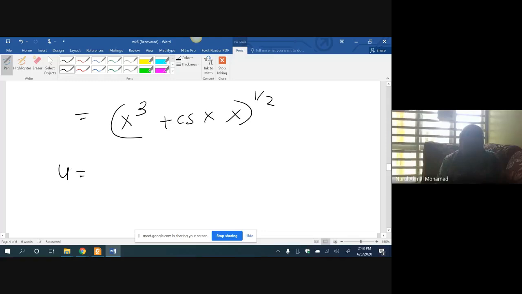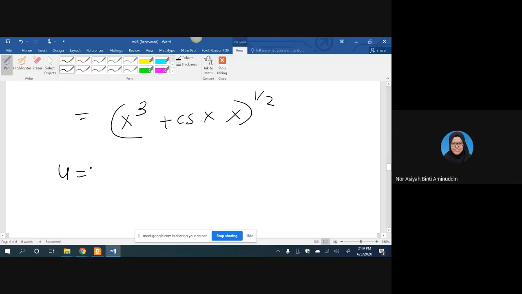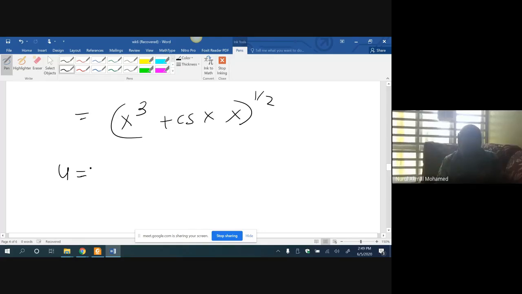I'm not sure if this is doable or not, because some expressions are quite difficult to differentiate by using chain rule. Not everything can be solved by chain rule. So u is equal to x cubed plus cosecant, CSC, not CSX, right?